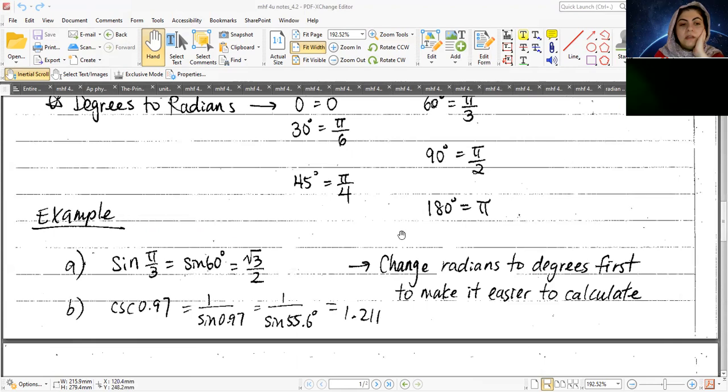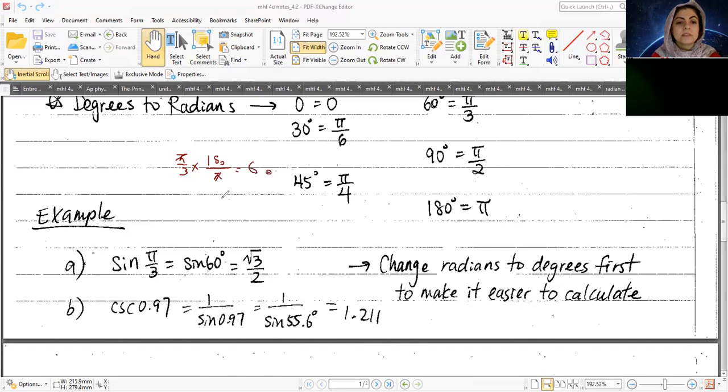Now, here, sine of pi over 3. What do you do? First of all, you have to convert pi over 3 to degrees. Pi over 3 multiplied by 180 divided by pi. Pi and pi cancel. 180 divided by 3 is 60.